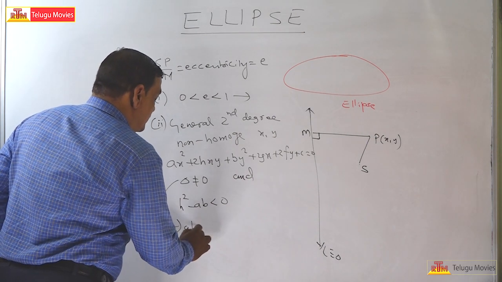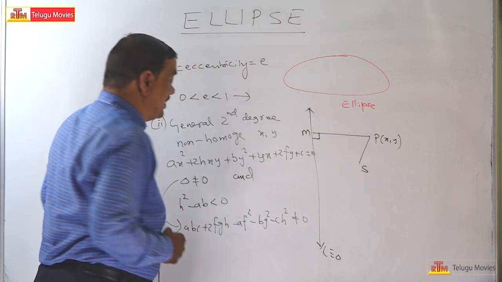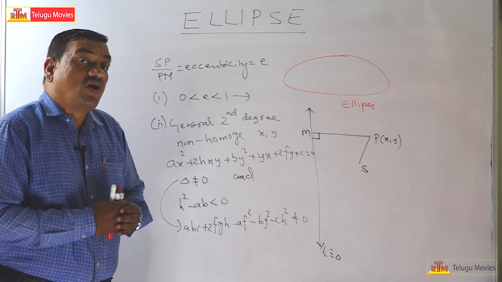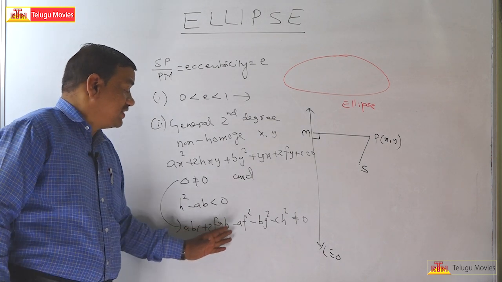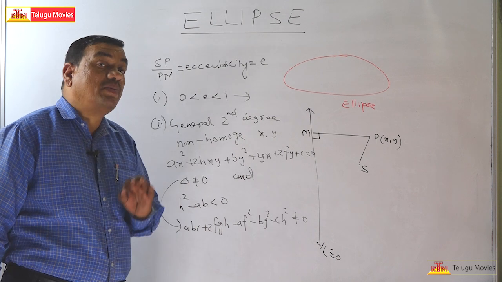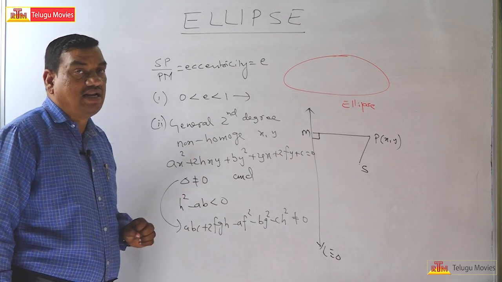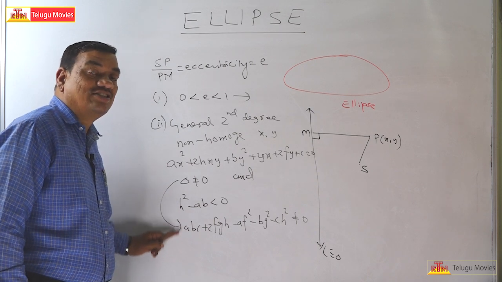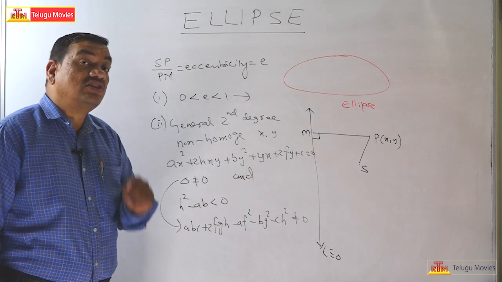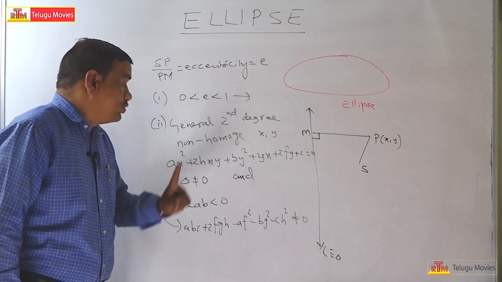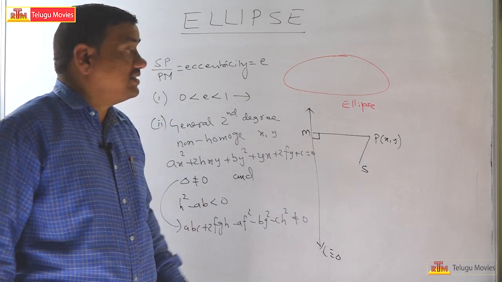Delta is abc + 2fgh − af² − bg² − ch² ≠ 0. Here a, b, c, f, g, h are coefficients of x², y², x, y and the constant. If these two conditions are satisfied, then the equation ax² + 2hxy + by² + 2gx + 2fy + c = 0 represents a curve whose name is ellipse.